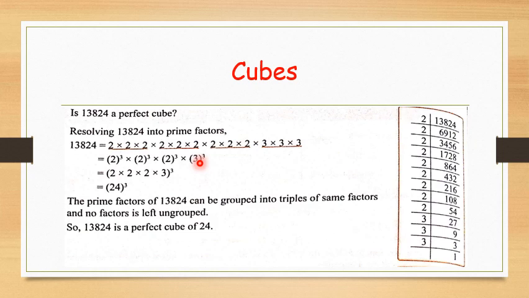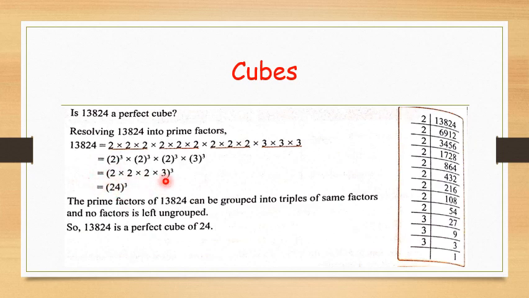Therefore, 13824 is a perfect cube. Since no prime factor is left, it is a perfect cube, and it is the cube of 24.